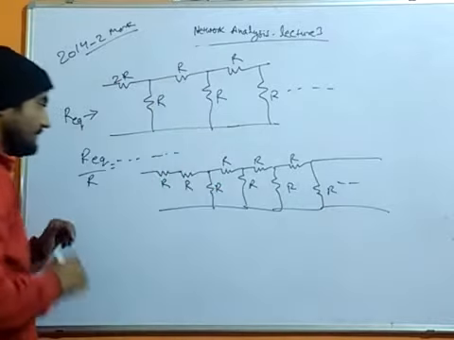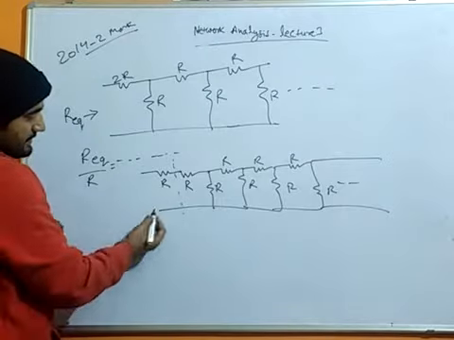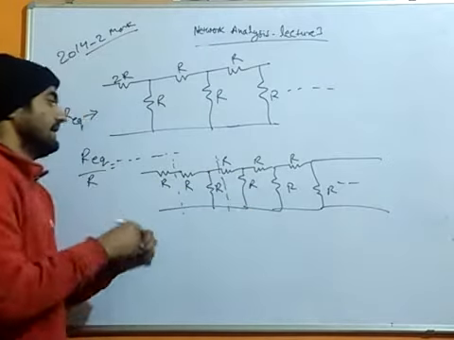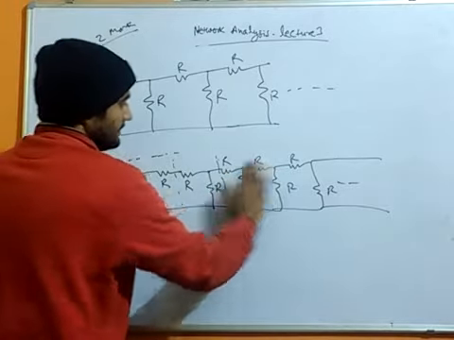We can see easily that this part, R and R, is again repeated here, and this part is again repeated here.